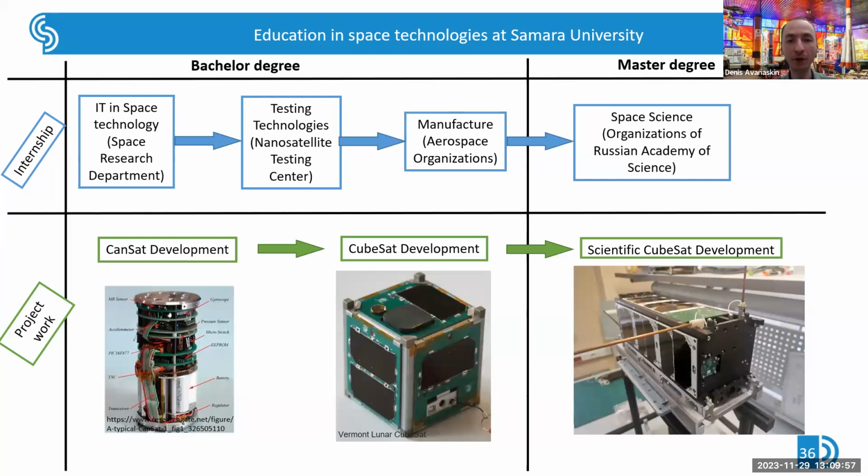Here we have internships. When you get a bachelor degree, you have three internships. The first one is IT and space technology, where students study how to program the satellites. The next one is testing technologies, so our students go to our nanosatellite testing center.